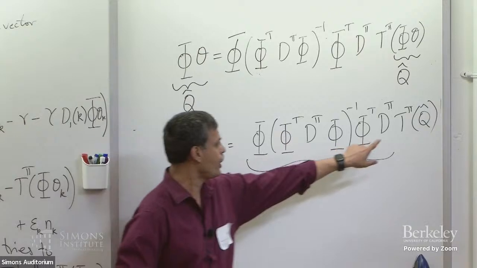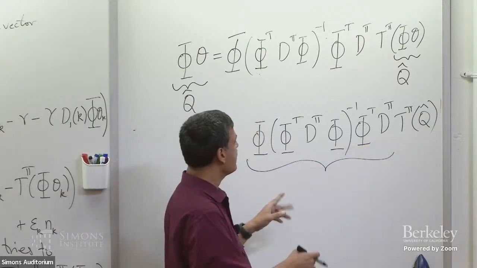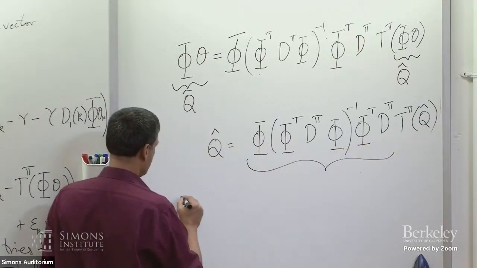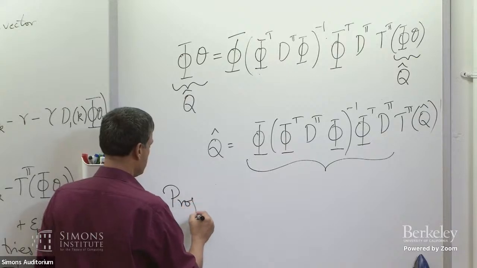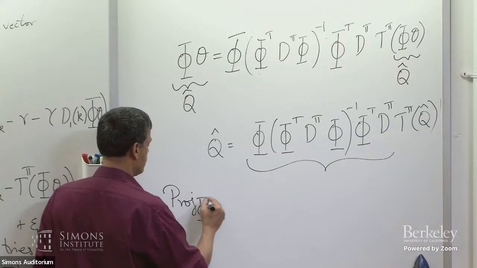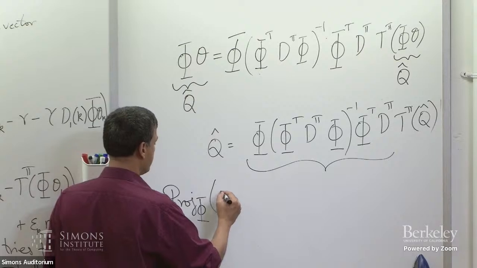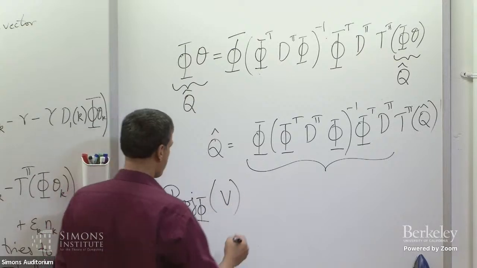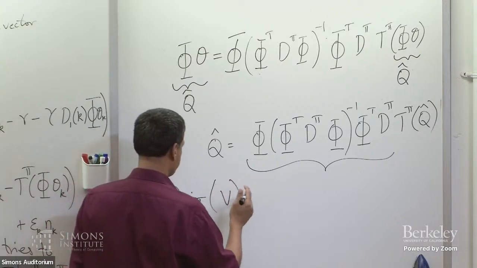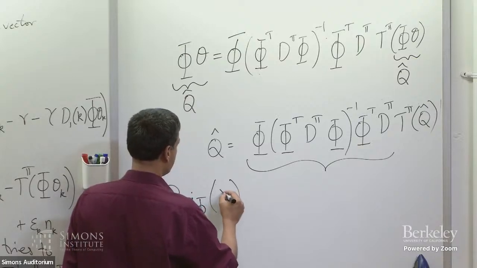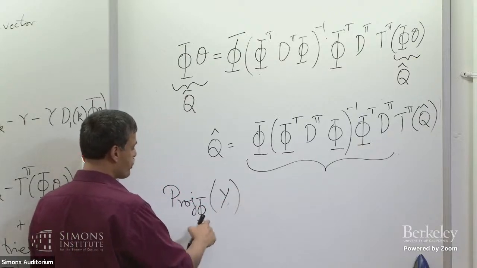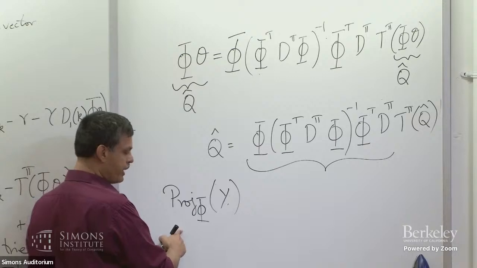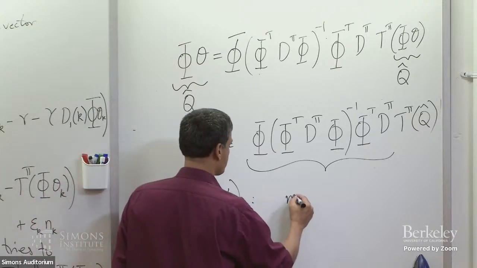Suppose you take any vector and try to project it. So let me call some vector y. Okay, it's not the value function, but I'll just call it y. If you want to project a vector y onto the space, what does this mean? Basically, you're trying to solve this problem.